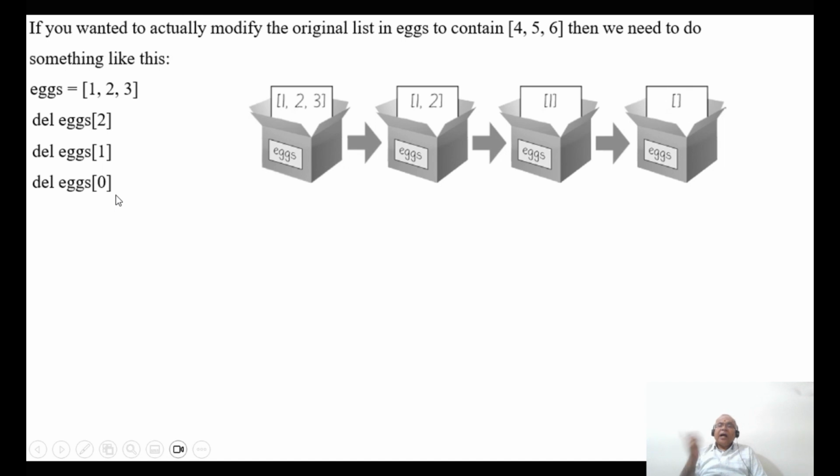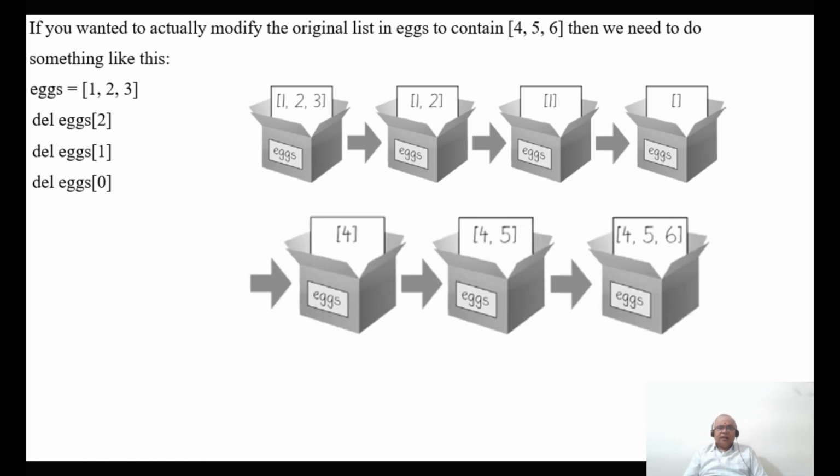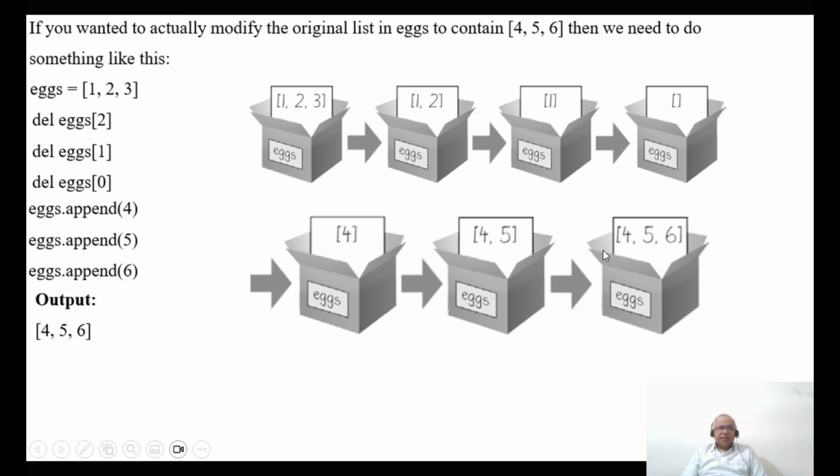After that, what am I doing? I am appending. x[0] is going to have 4, then 4, 5, and then 4, 5, 6. So x.append(4), x.append(5), x.append(6). So finally the output is going to be 4, 5, 6.